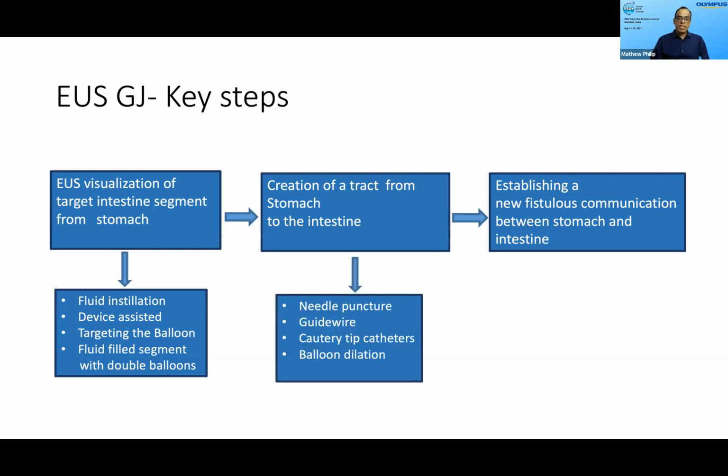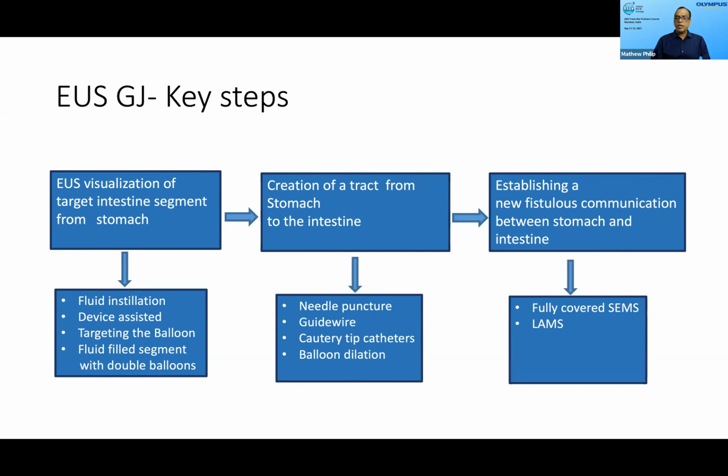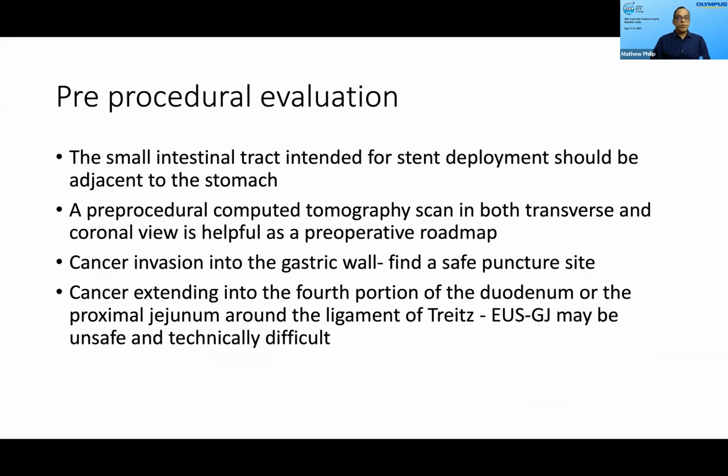For creation of a tract from the stomach to the intestine, you use needle puncture, guide wire, cautery tips, catheters, or balloon dilatation. For establishing a new physical communication between the stomach and the intestine, you require a fully covered metallic stent, the lumen-apposing stents. But to make the second two steps in a single approach, you have the electrocautery-aided lumen-apposing metallic stents.